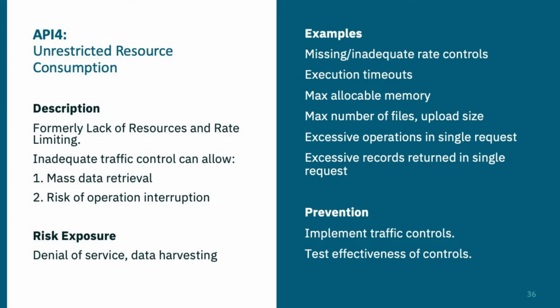So the prevention here is, really put in those traffic controls, whether it's in a web application firewall or an API gateway or something like that. But potentially to implement logic within the application itself. For example, if you have an account reset capability, a legitimate user is going to attempt to provide a reset code once, twice, maybe 5 times.